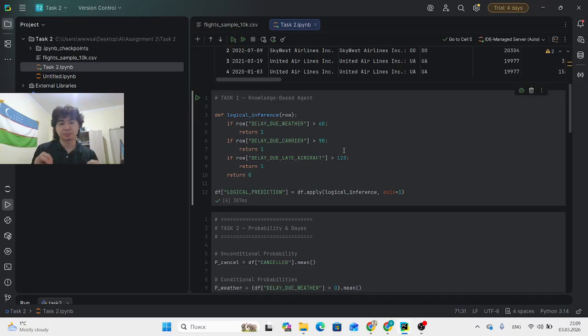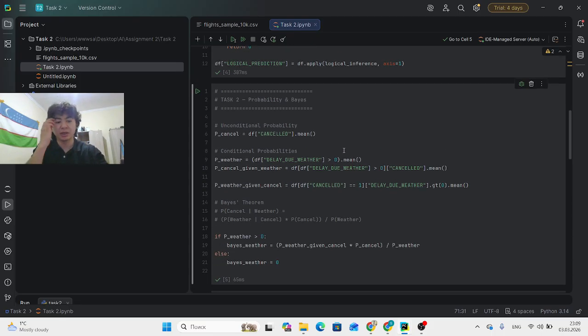Second for task two, probability and Bayes. We already said that if we have a delay of 60 or 90 minutes, we're going to cancel the flight.